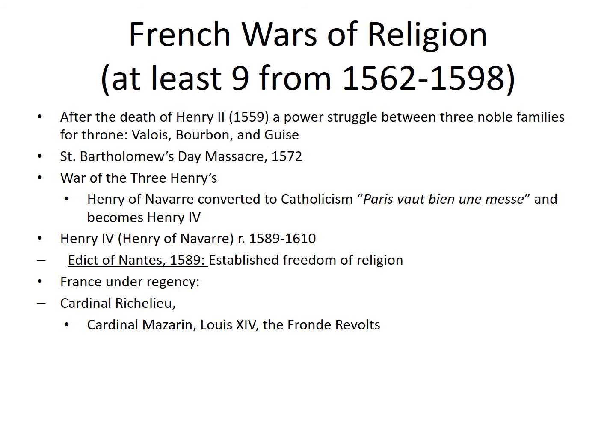Then, after Henry IV, we know that there will be a series of weaker kings, and so regents will be necessary. We know that Cardinal Richelieu, as the regent for Louis XIII, will be a major player in the wars of religion, finally deciding to side with the Protestants in the 30 Years' War.